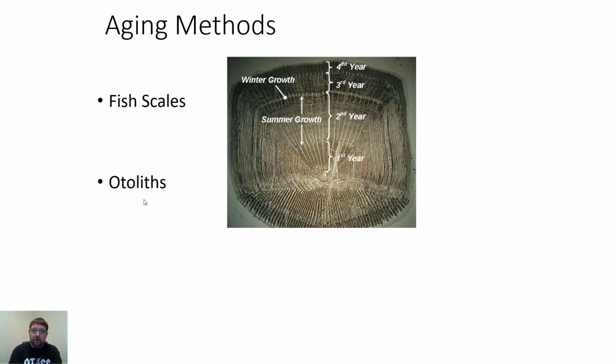But again, these are hard parts. The nice thing about using otoliths versus fish scales is that scales can be damaged by the environment. A fish swimming through an environment can get scuffed up. Fish regrow their scales, so if you remove the scales off the fish, the fish will regrow those scales, and regrown scales have massive, fast growth, so you won't be able to age the organism using a regrown scale because that scale is playing catch up.